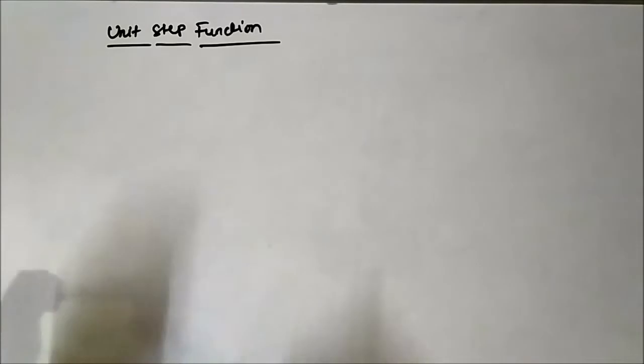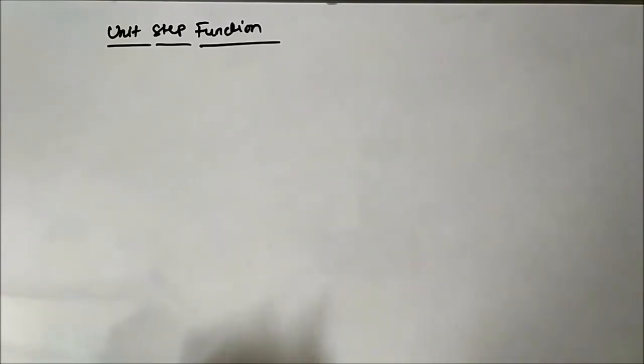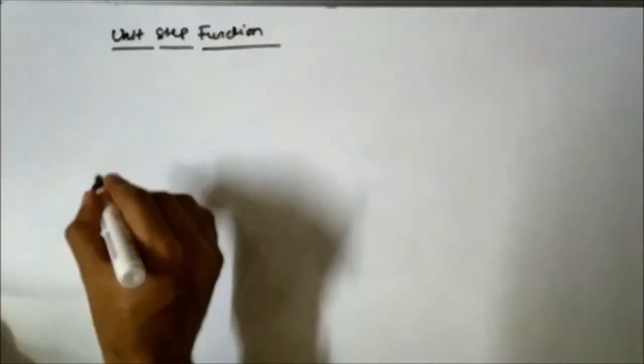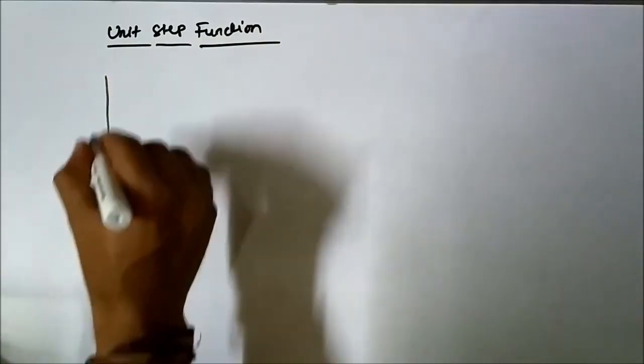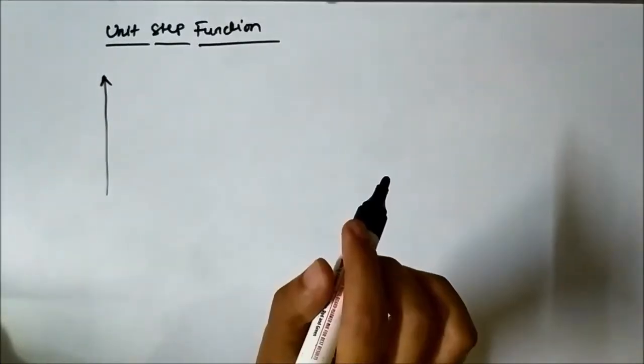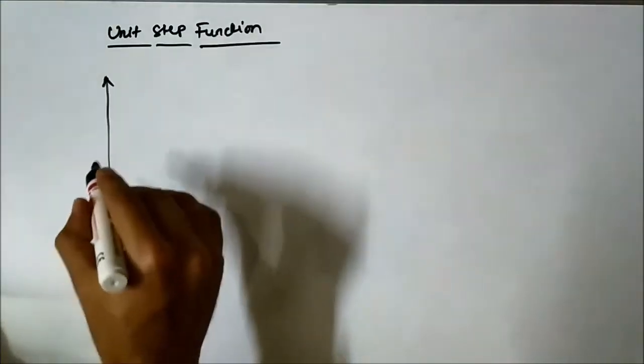You can write it down: a unit step function is a signal function which has a constant magnitude equal to unity, and it exists only for positive time, that is for time t greater than 0. Let us draw the unit step function first. First we are going to discuss the continuous time domain and then the discrete time.